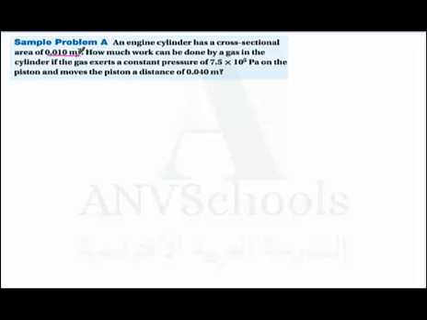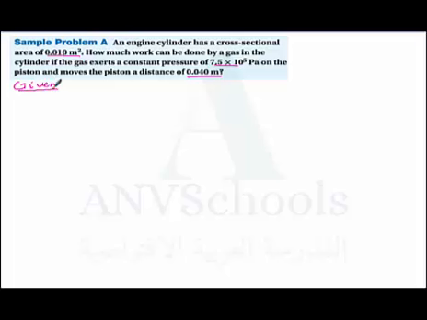How much work can be done by a gas in the cylinder if the gas exerts a constant pressure of 7.5 times 10 to the power of 5 Pascal on the piston, and moves the piston a distance of 0.04 meter? Let's list down the given quantities.